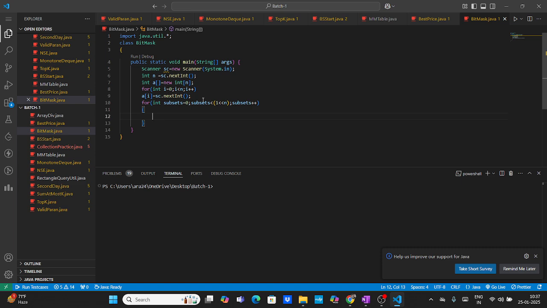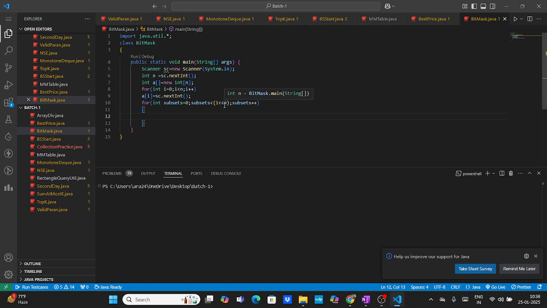Did you get this? If you are having doubt, ask me. We are here to learn. Left shift by n means the value will be increased by the powers, it will be jumping, right?